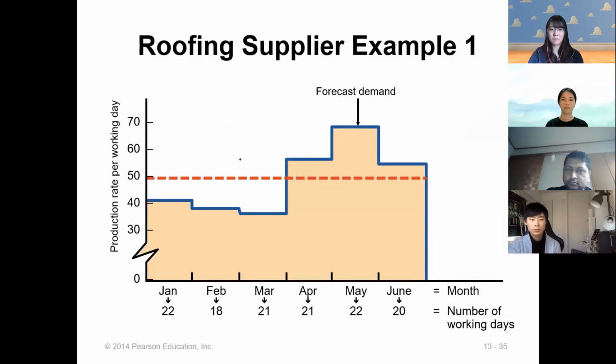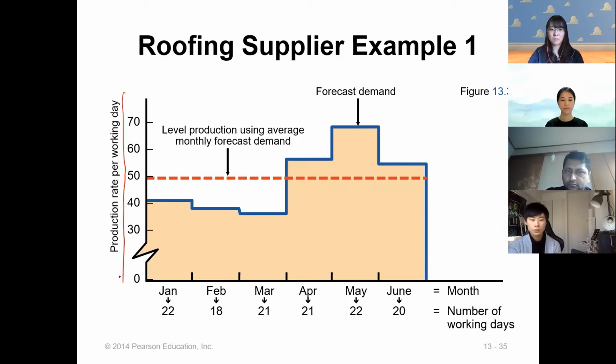So basically this is our graph. This is the production rate per working day, this is the number of days, and this is the month: January, February, March, April, May, June. This is the average for January, this is the average for February.